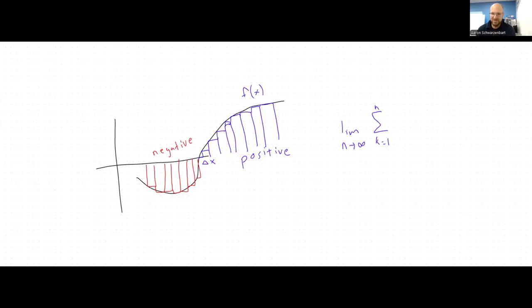So it's f of x sub k times the width of my rectangle. So it's my function times the individual value plugged in for each one of these times the width of the rectangles, delta x. My drawing's not perfect, but you can assume those are all uniform width.